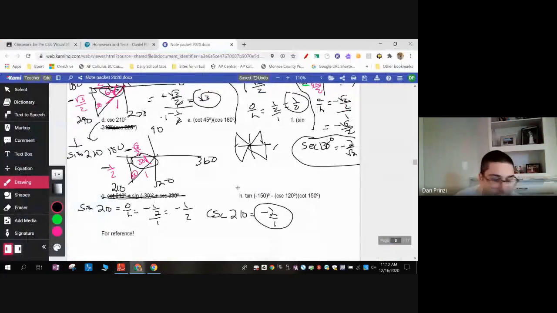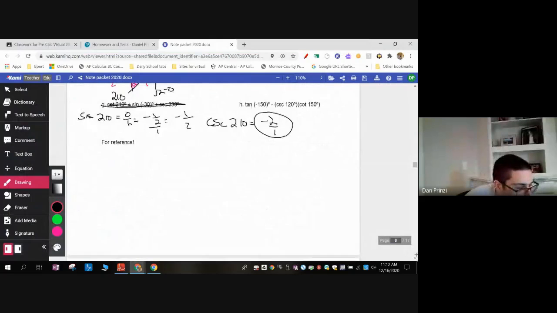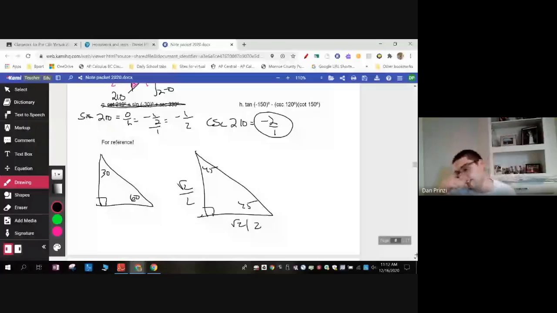Real quick, those two triangles, in case you forgot them or want to write them down again. You have a 30, 60, 90, and a 45, 45, 90. Your sides on a 45, 45, 90 are radical 2 over 2, radical 2 over 2.